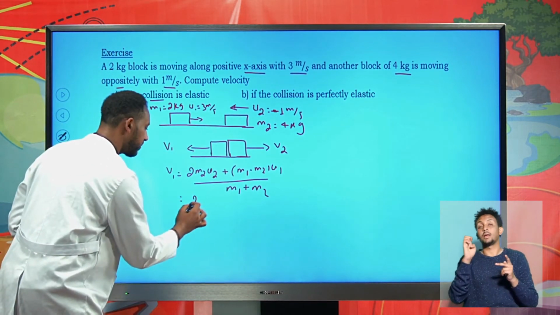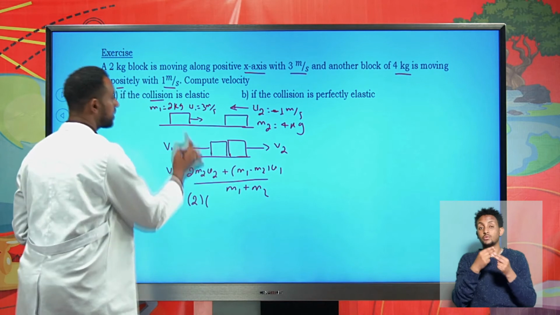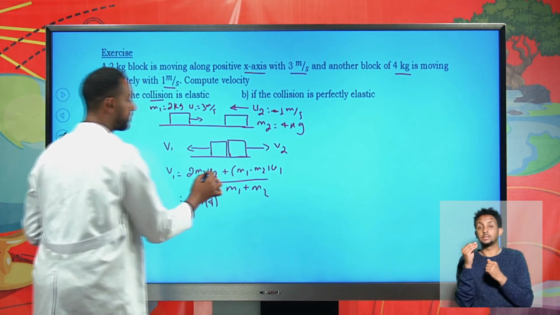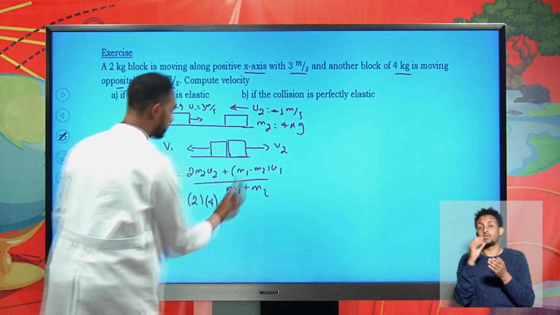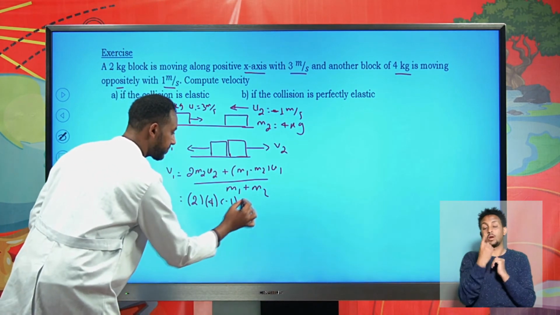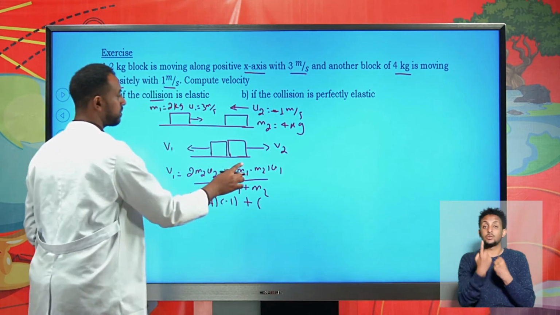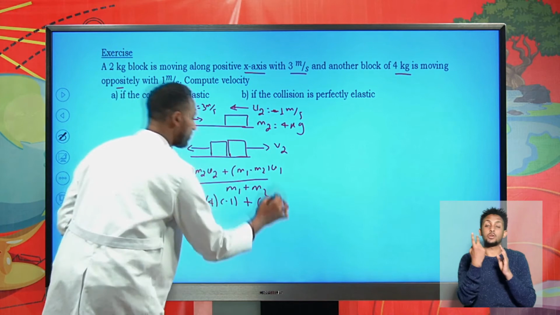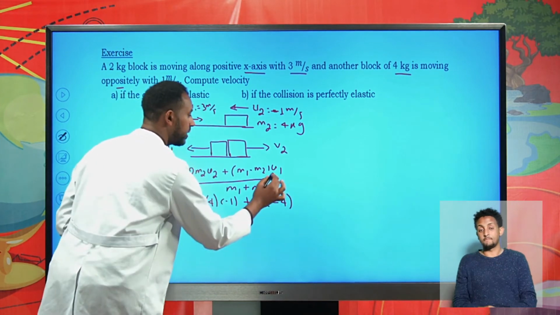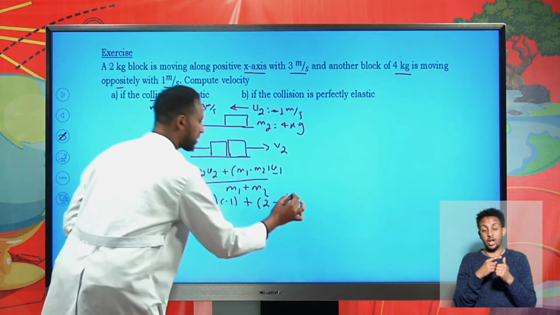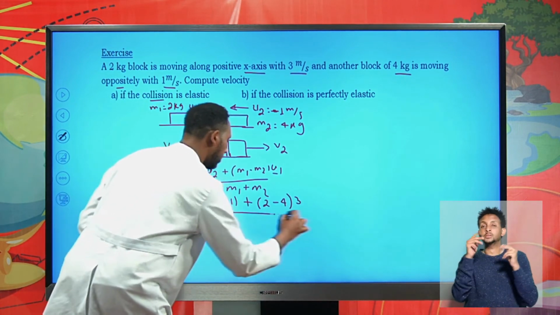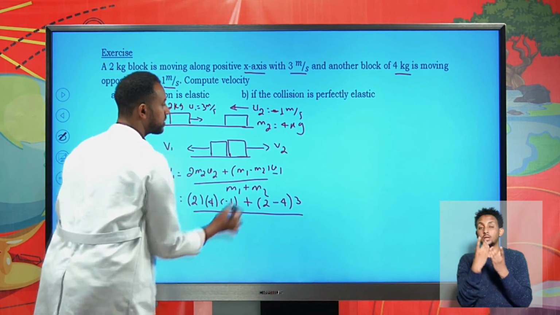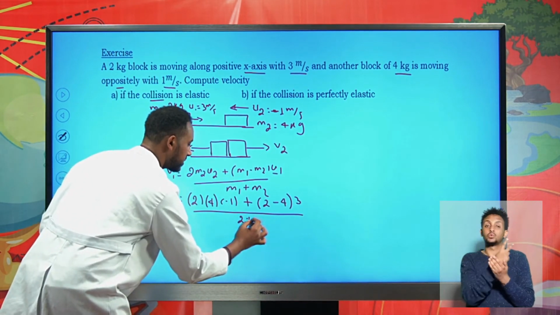So twice m2 is 2 times 4 kilograms, and the initial velocity of particle 2 is negative 1, plus m1 is 2 kilograms minus m2 which is 4 kilograms, and the initial velocity u1 is 3 meters per second, over m1 plus m2, 2 plus 4.